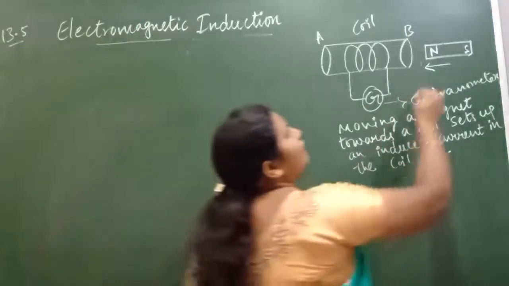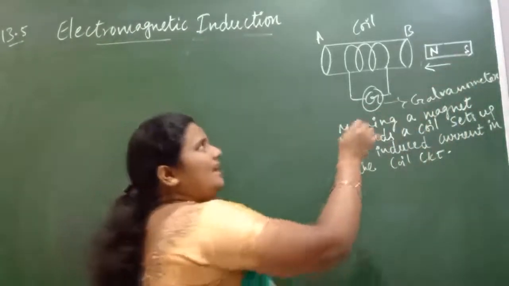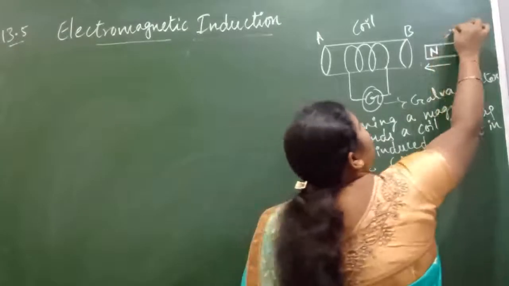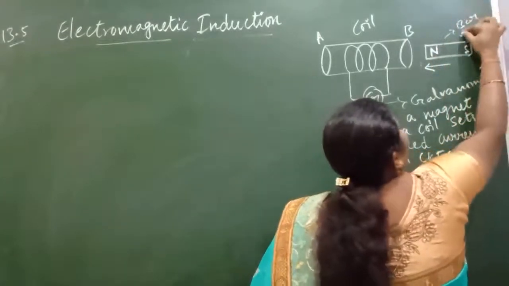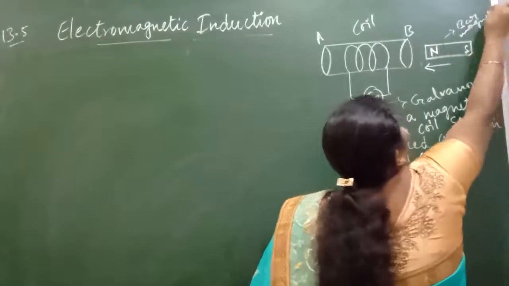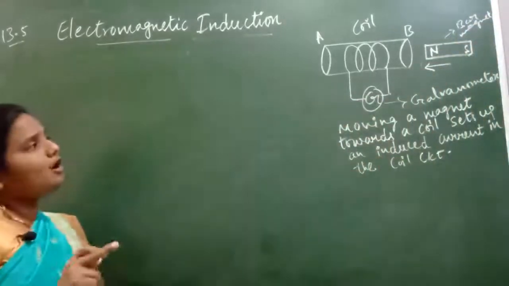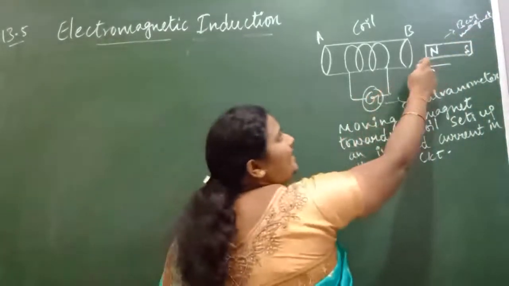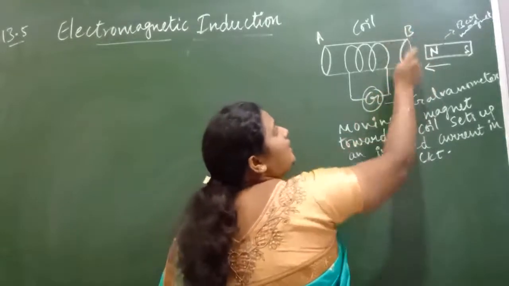Then we have to use a bar magnet. This is the bar magnet. We have to place the north pole of the bar magnet towards the end B of the coil.